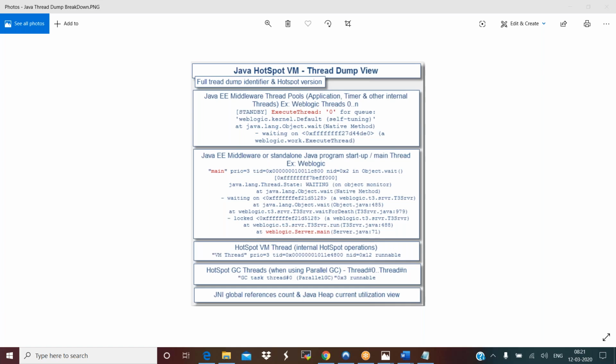Two or more threads are fighting for the same resource. Each thread is not releasing the lock, not releasing the monitor. So the overall conclusion is that a thread dump will solve some 40 to 45% of the problems.